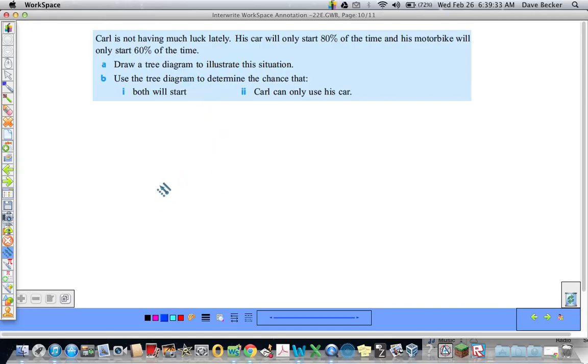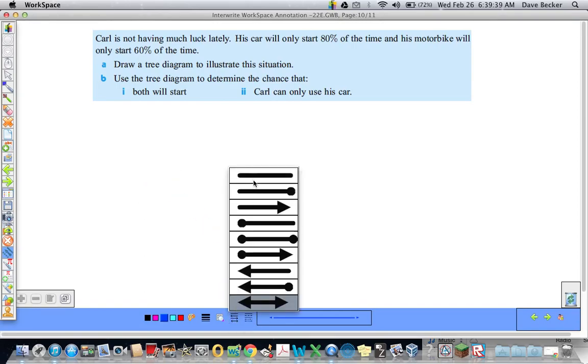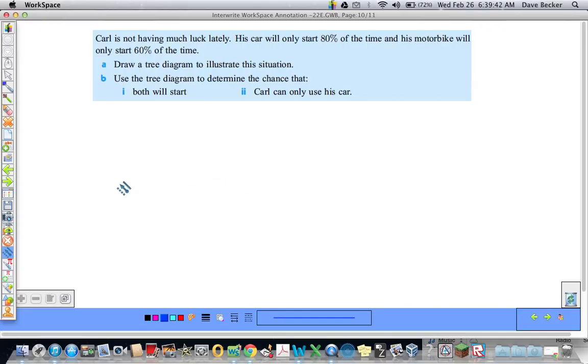All right, so we start. Hold the phone, Chuck. We don't want the arrows at the end. We just want plain old line segments. Okay, so we start at a point right here. Our first possibilities are that his car will start and that his car will not start, which we will call C naught.